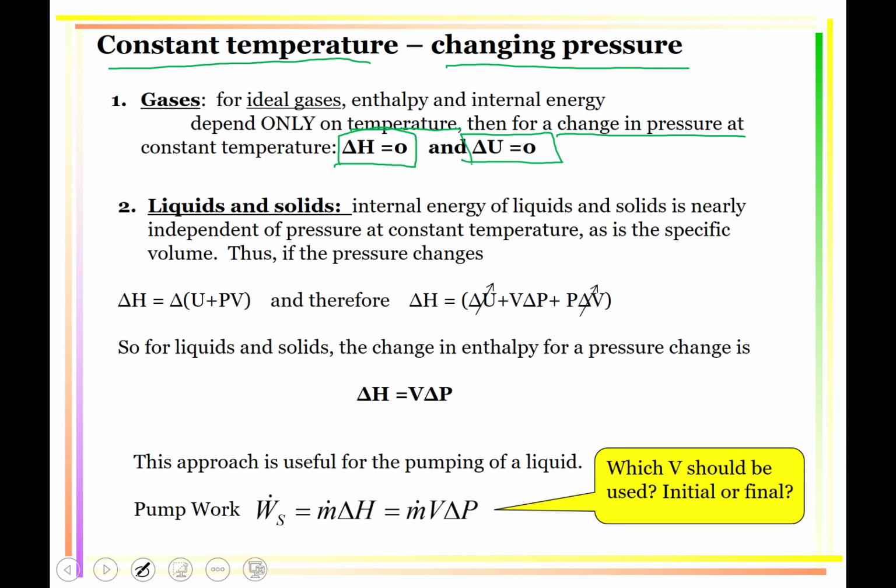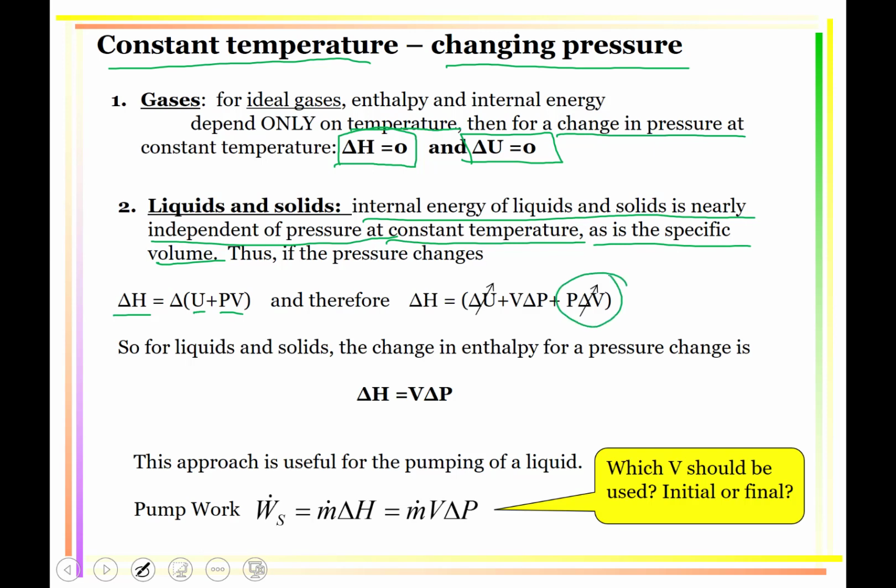On the other hand, for liquids and solids, the internal energy of liquids and solids is nearly independent of pressure at constant temperature, as is the specific volume. So let's look at our relationship for enthalpy. Remember, delta H is composed of internal energy plus the flow work. So if we have a constant specific volume when the pressure changes, then this term will be 0.